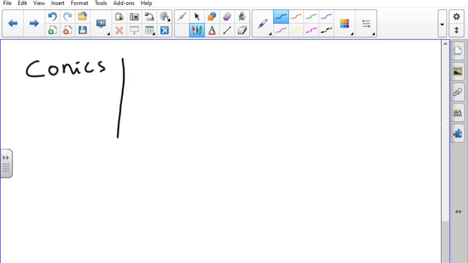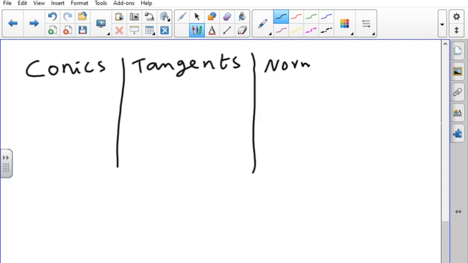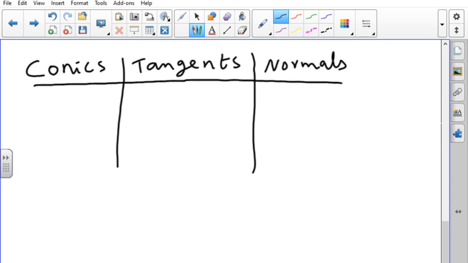Conics, number of tangents and number of normals. A parabola has 2 tangents and 3 normals.